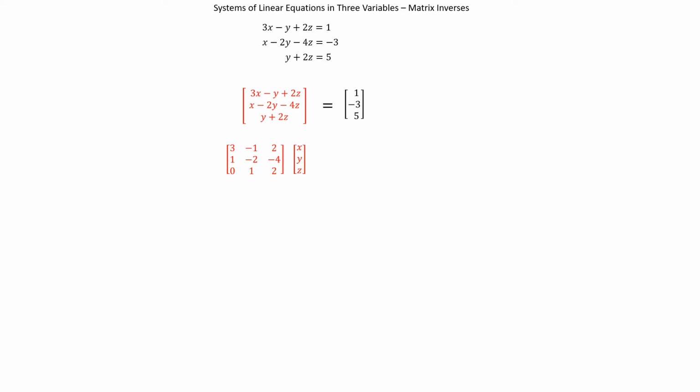On first glance, it probably appears that I took all the numbers, or the coefficients, out of the equations, put them in one 3x3 matrix, and just put x, y, z in the second matrix.